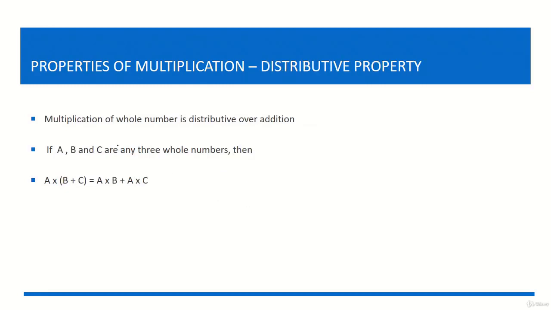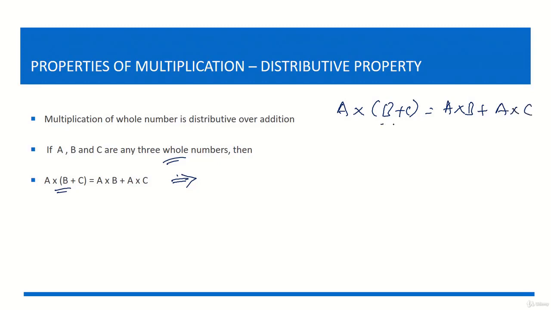Let us check one more, the distributive property over addition. If a, b, c are any three whole numbers, then we can write a into b plus c is nothing but a into b plus a into c.